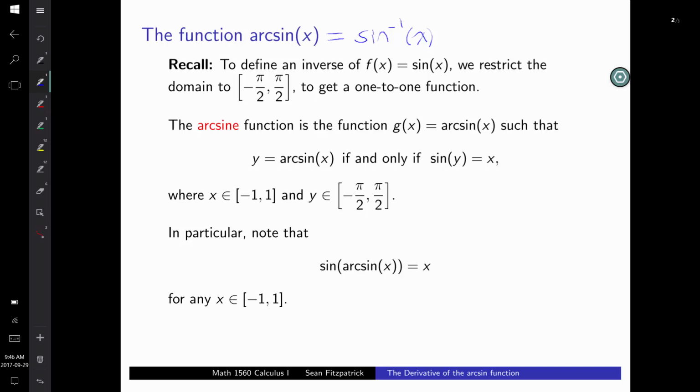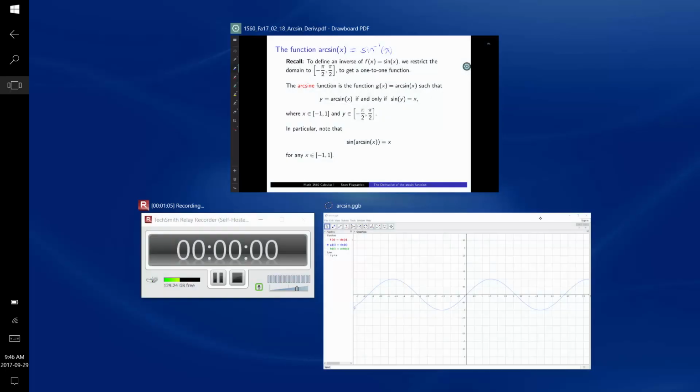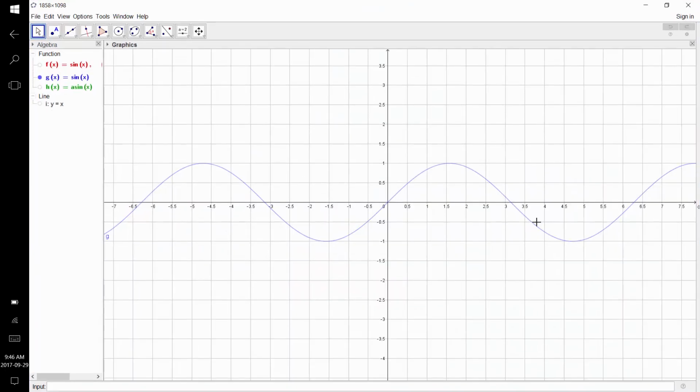Okay. Now, you want to define an inverse for the sine function and you immediately run into trouble, and I think we've showed you this before, but let's take a look again. Here's a graph of the sine function, right? We can immediately see what the problem is. Well, my function is supposed to pass the horizontal straight line test.